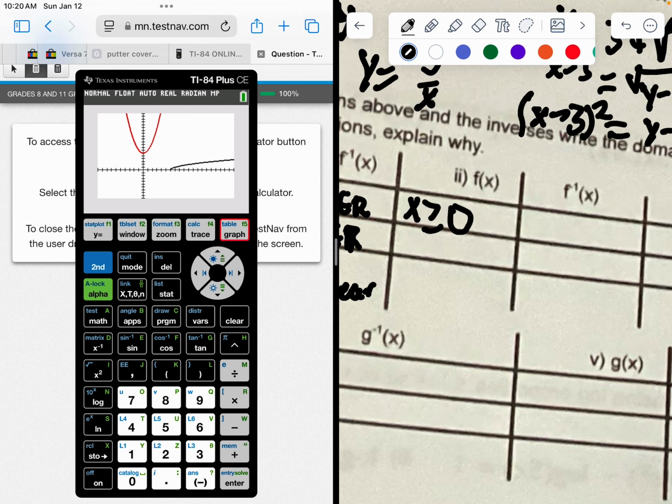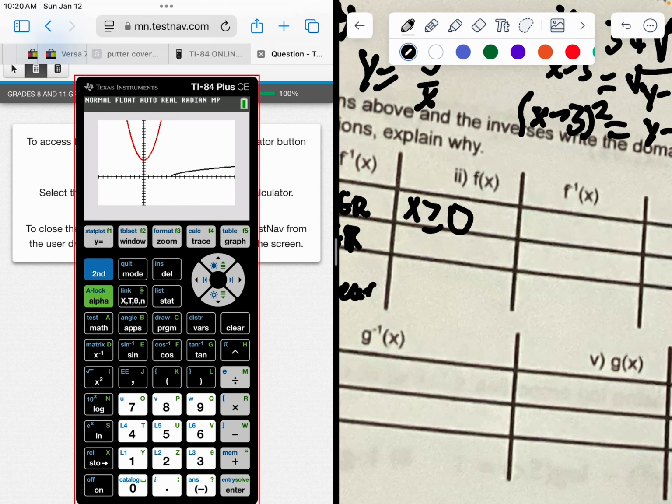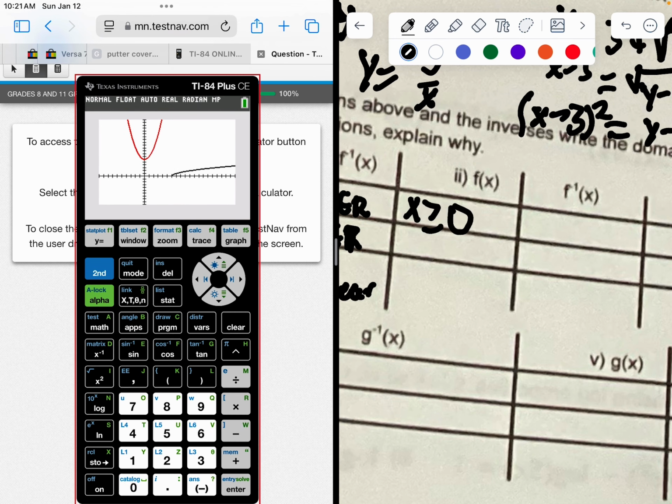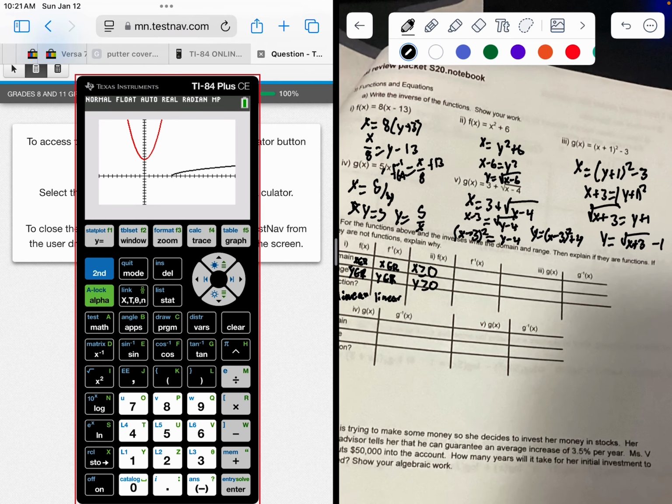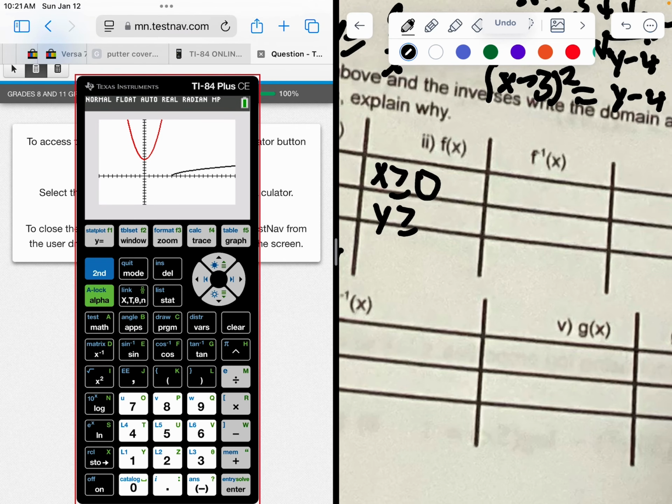If we drew a line y equals x, we want the opposite points. And then y must be greater or equal to the y-intercept, which is 6. And then what type of function is it? Quadratic. I'll just write quadra.